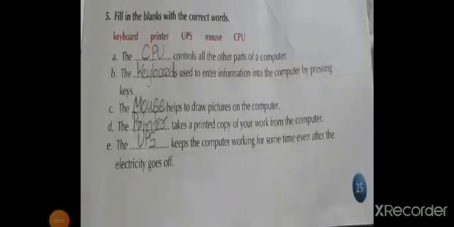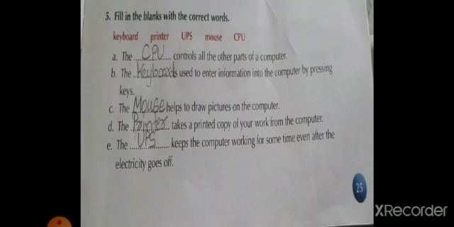Question number 5. Fill in the blanks with the correct words. A. The dash controls all the other parts of a computer. The CPU controls all the other parts of a computer. B. The dash is used to enter information into the computer by pressing keys.